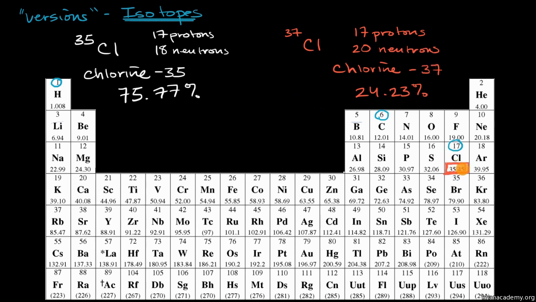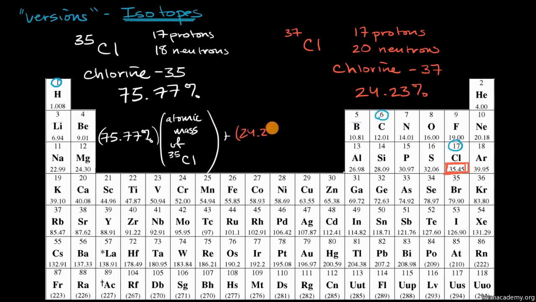So when they calculate this average atomic mass, what you would do if you were calculating it is take 75.77% times the atomic mass of chlorine 35 plus, and now the weight here would be 24.23% times the atomic mass of chlorine 37.